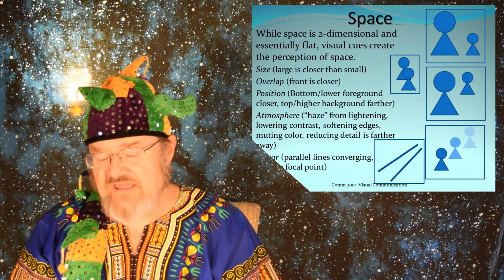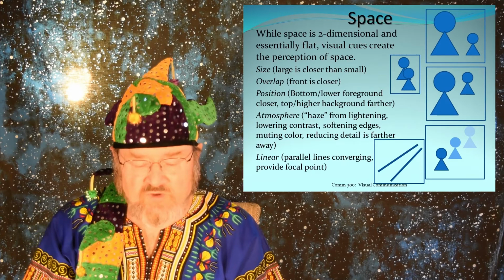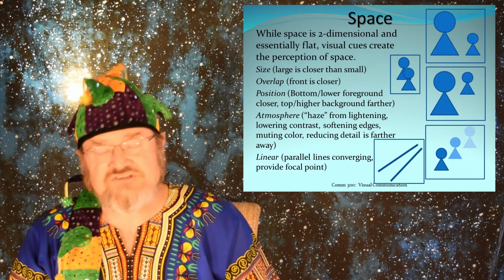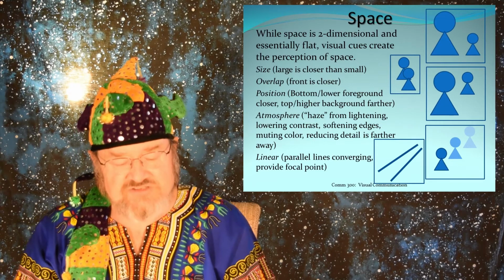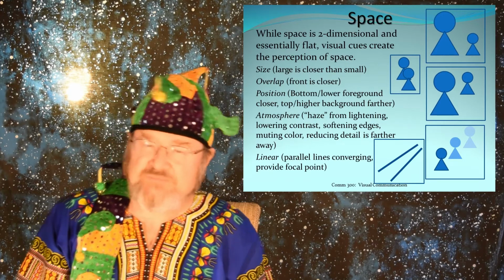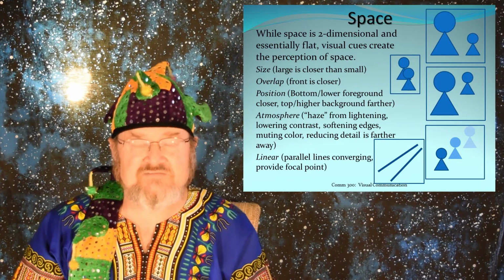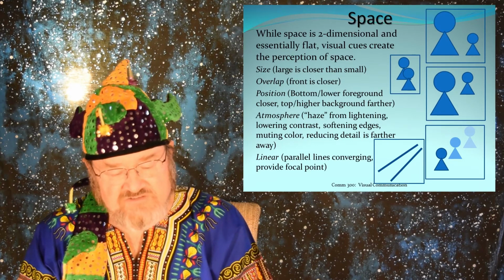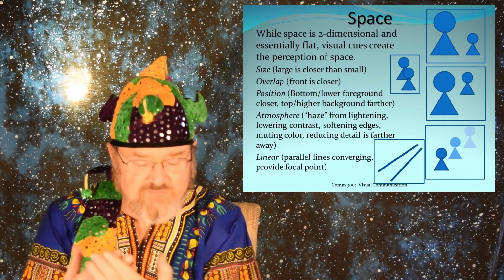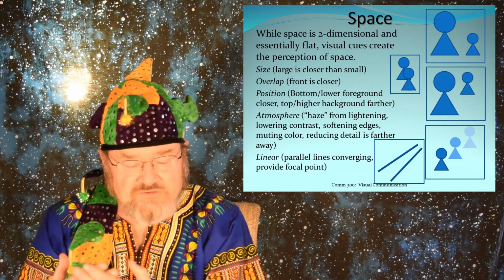Another principle is space. How is space used, and what does space do? Well, space is sort of two-dimensional. It's essentially flat in images, but visual cues provide the perception of space. And that's kind of an important thing for analyzing images. So size, larger is closer. Overlap, what's in front is closer to you.